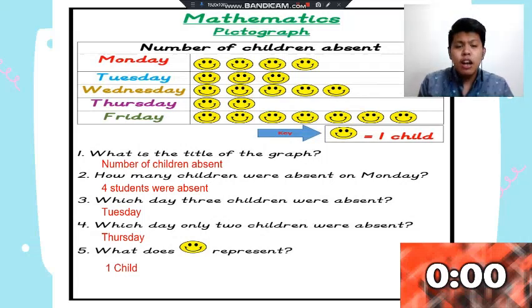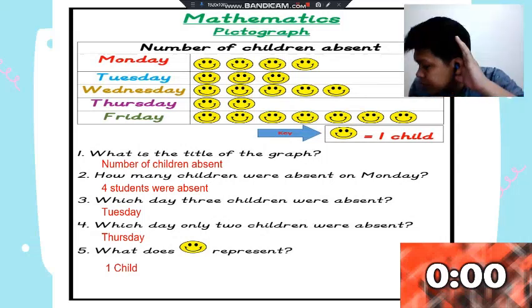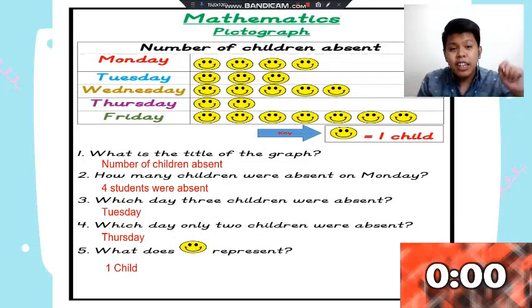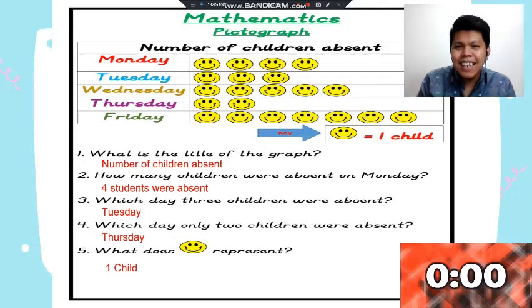Now, class, from the pictograph, what can we say about the pictograph? What is our interpretation? That on Friday, there are a lot of students who are absent. And the day with the fewest absent students is Thursday.